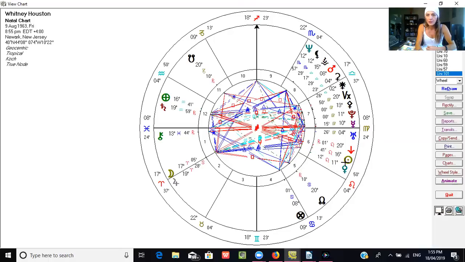I just want to point out, though, that the sun in Leo is very crucial in this example of Whitney Houston, because the sun in Leo almost always points to one very strong theme that seems to always come up for people: the relationship with their father.